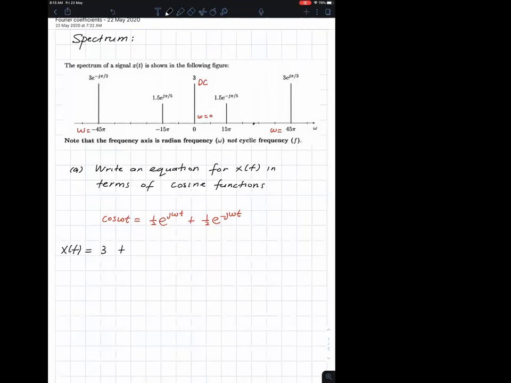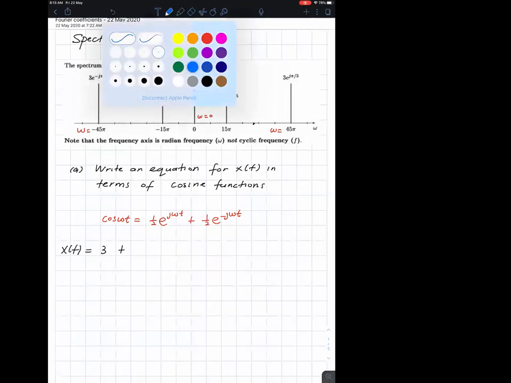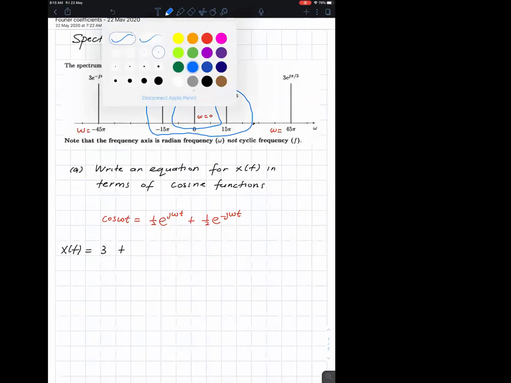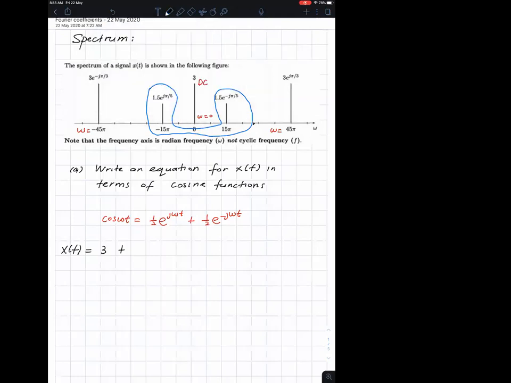first you look at this part here. Maybe I will just highlight this part. So write an equation for this in the form of complex exponential form. It's going to be 1.5 e to the j π over 5.